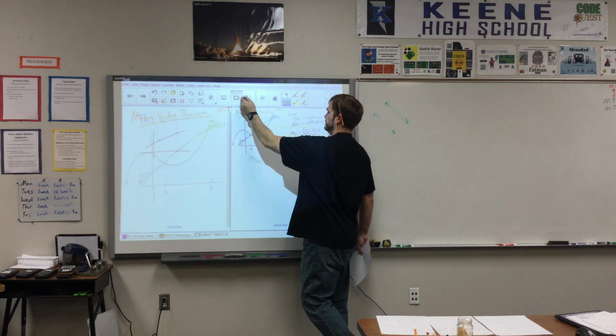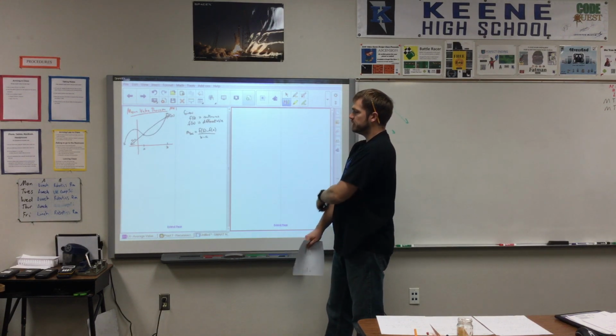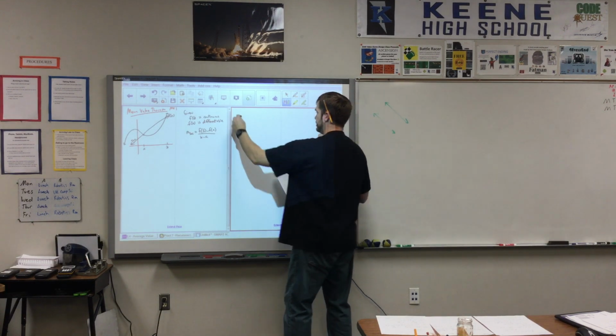So given all that stuff, here's what the mean value theorem says.